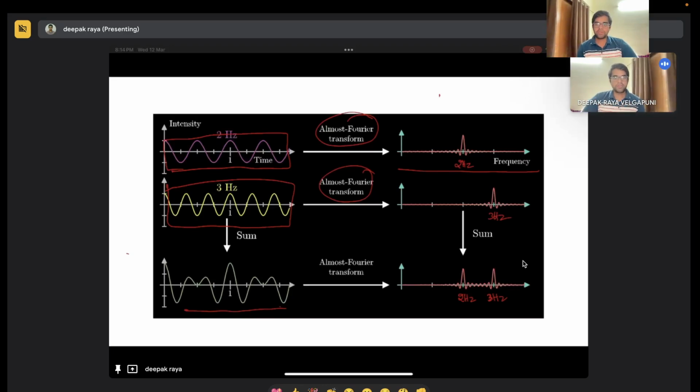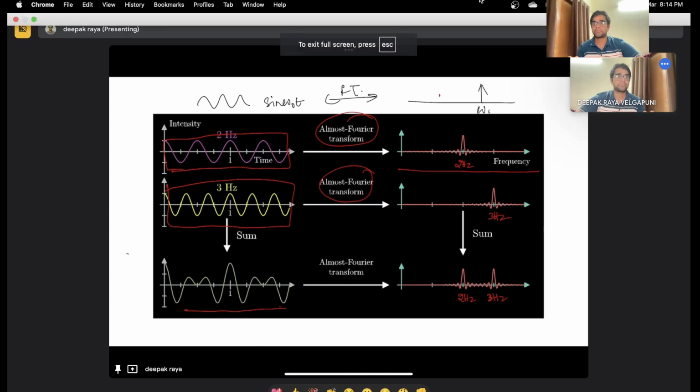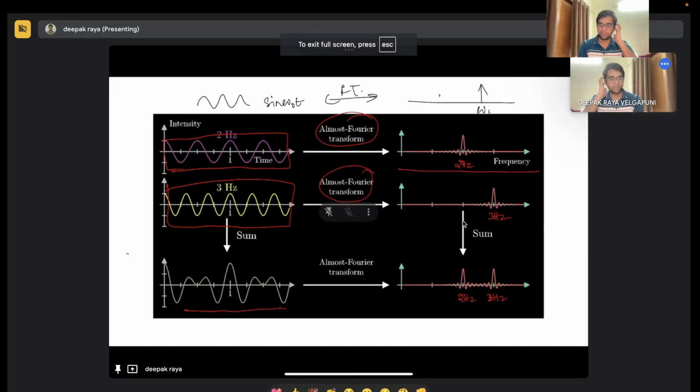Similarly here, you are multiplying a sinusoid with a rectangle because it's a finite-length sinusoid. Instead of an impulse, we have a sinusoid, sine omega naught t, whose Fourier transform is an impulse at omega naught, or whatever the frequency f naught.